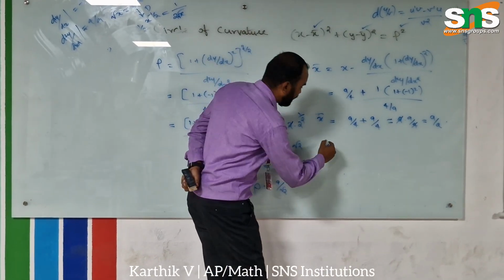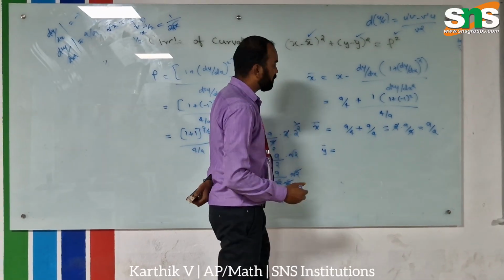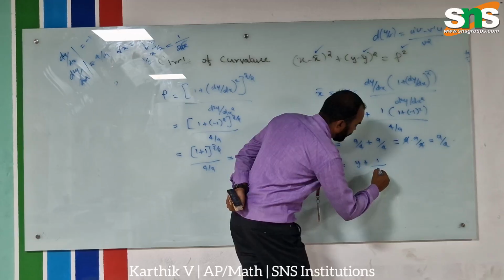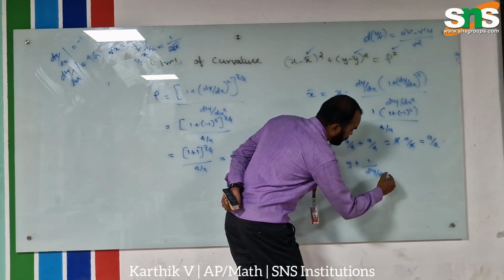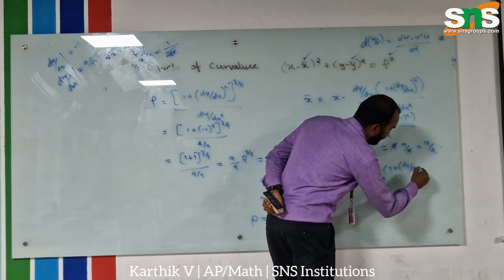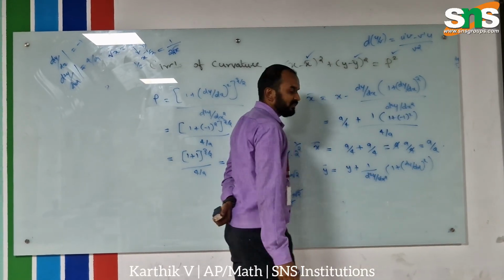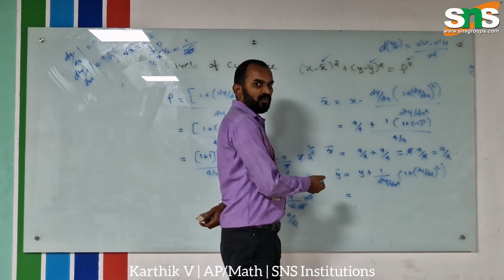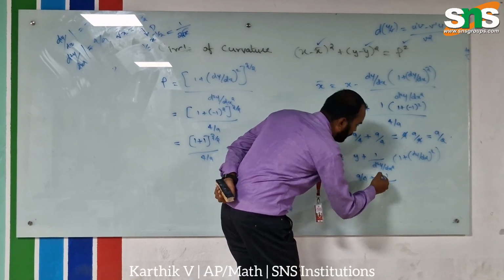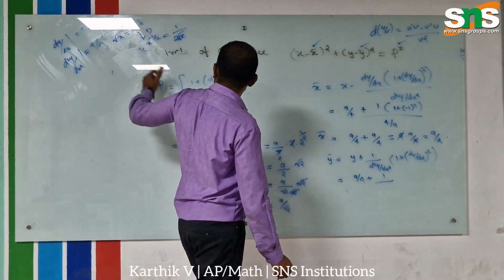Similarly, we have to find y bar also. The y bar formula is y plus 1 divided by d square y by dx square into 1 plus dy by dx whole square. Here also the y value is a by 4 plus 1 divided by d square y by dx square value, which is 4 by a.